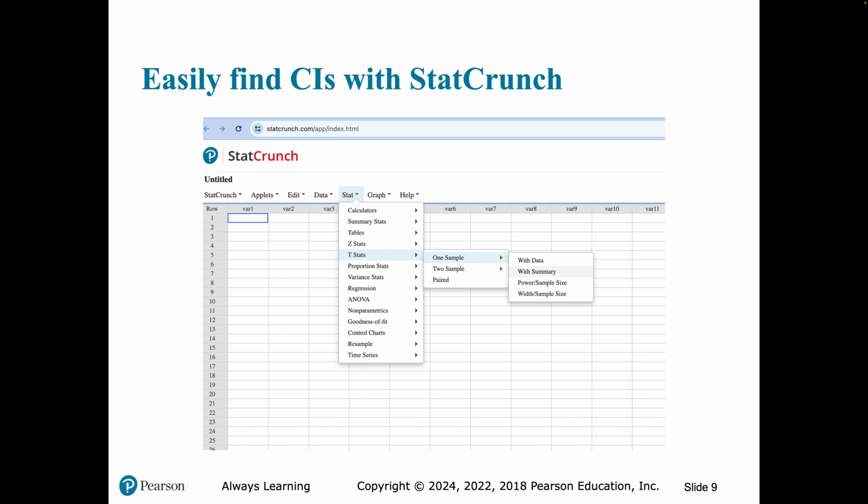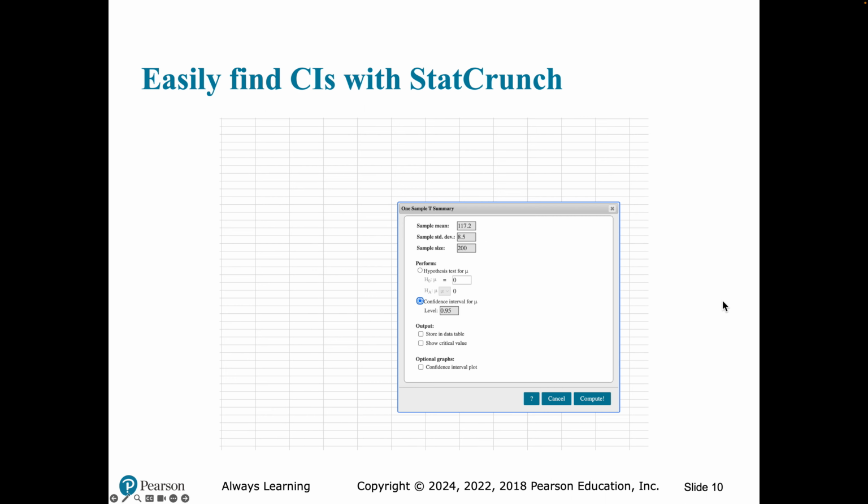StatCrunch, really easy to find. Go to Stat, but instead of going to proportion stat, you go to what's called T Stat. Technically, what we're calculating here is called a t interval. So go to T Stat, go over to One Sample, go to Summary, enter the data: 117.2, 8.5 is the sample standard deviation, sample size is 200.